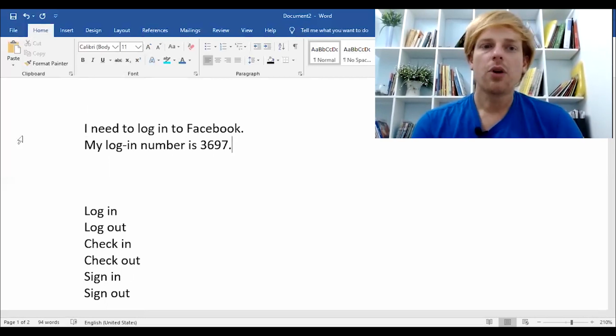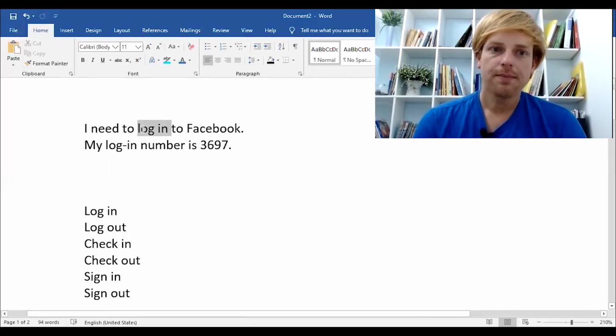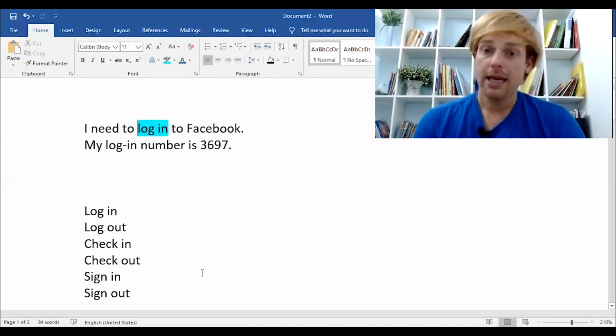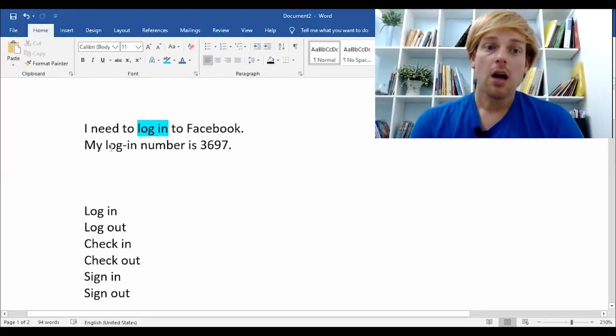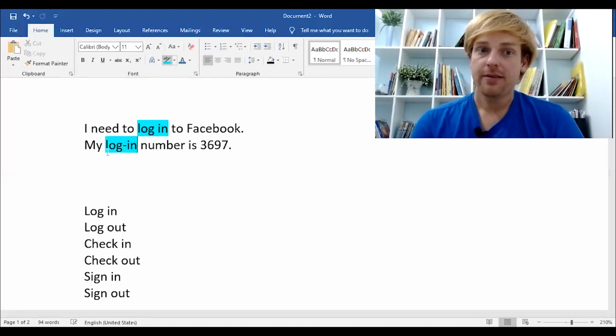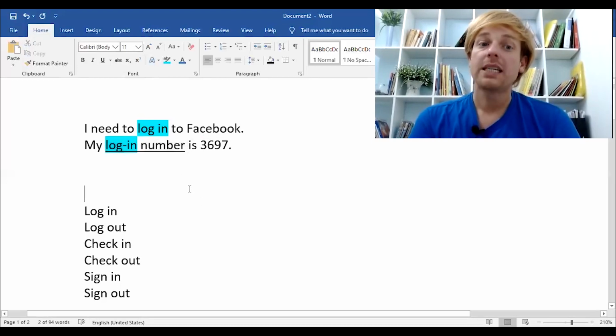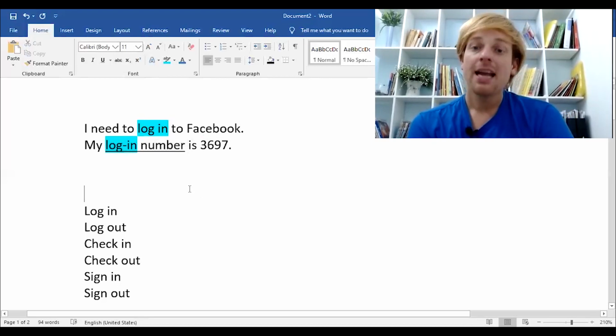Okay? Now notice how I wrote them differently. Log in is a phrasal verb, two words. Login number, now this is an adjective. It describes the number. So you use it differently. Now it's one word, right?